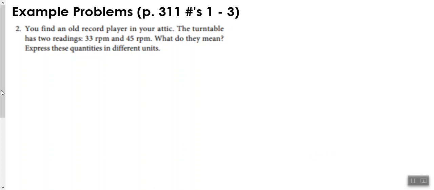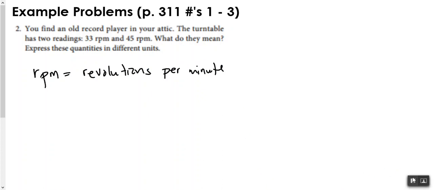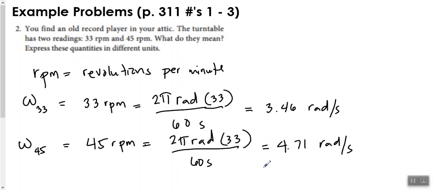RPM means revolutions per minute. And that's going to be your answer for this. So take note, angular velocity's unit should be radians per second.